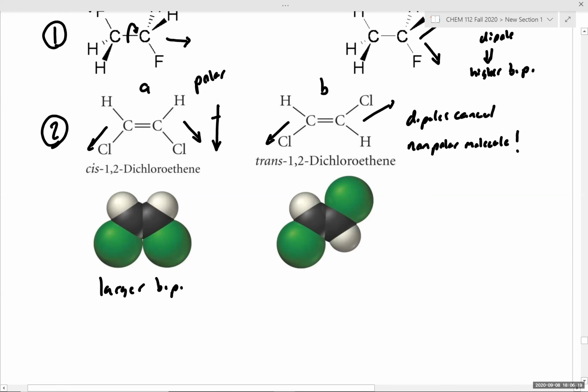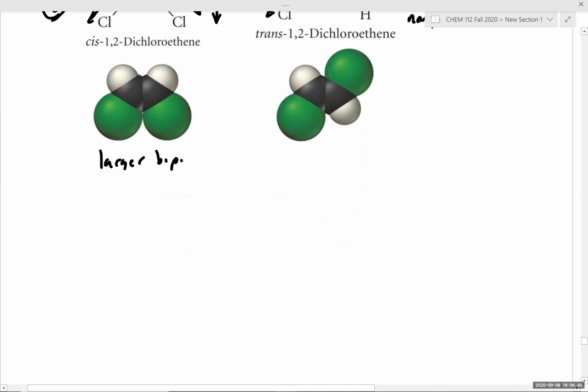So remember how we considered that we need to add up all of our bond dipoles to get our molecular dipole, and that's because the strength of our molecular dipole directly impacts molecular polarity, which directly impacts the strength of dipole interactions and our boiling point for polar molecules. So you have to be on the lookout for these kinds of symmetry effects.